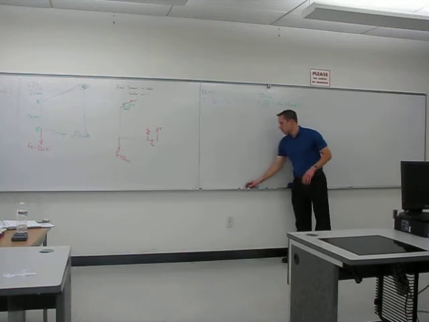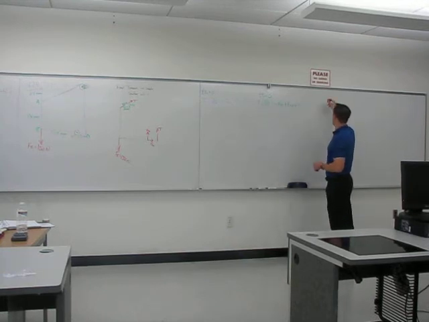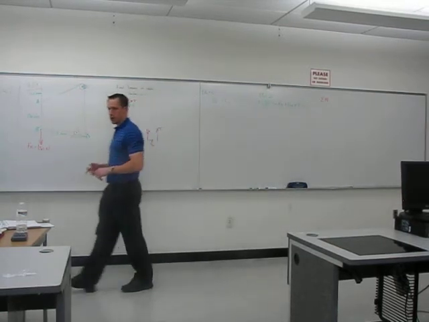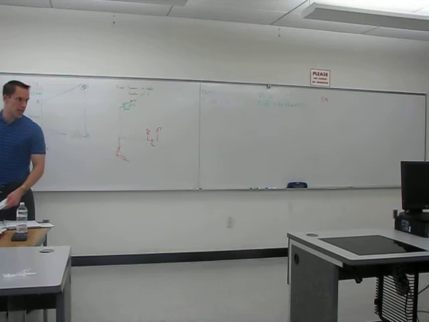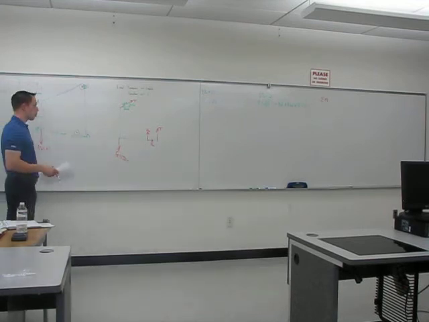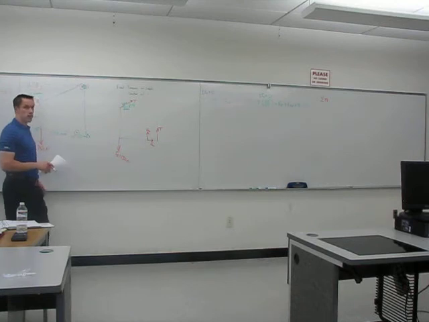The third equation, sum of the moments around any point. Now, if we choose our point wisely, just like before, we can make our life easy when it comes time to solve the 3 equations. If we choose a point unwisely, we can still solve the system. It'll just take a lot more work and be a lot more tedious.